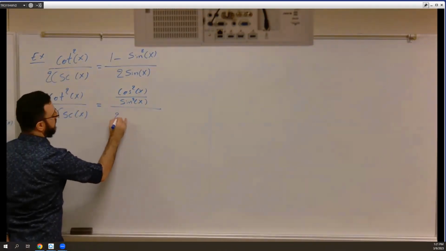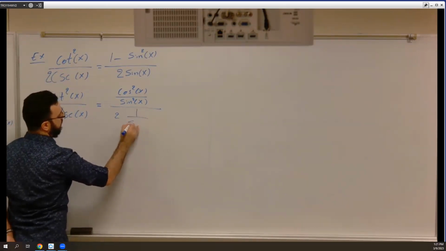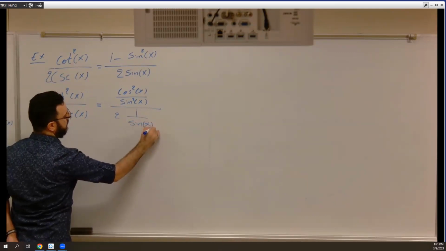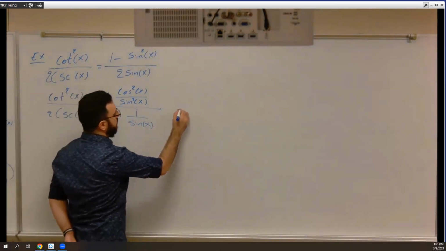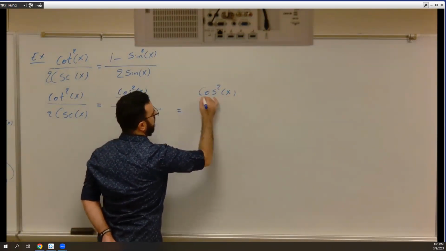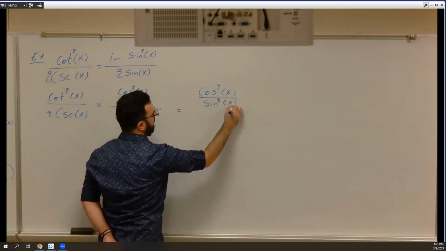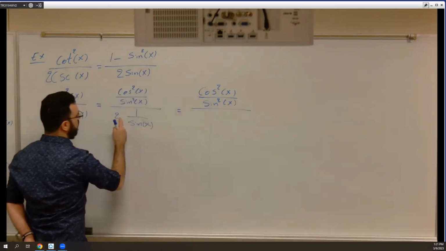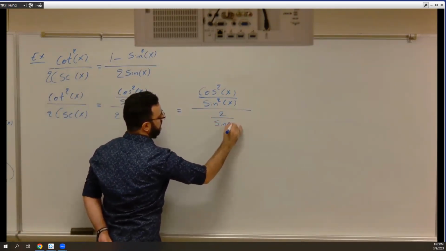Cosecant is 1 over sine x. That means this one is going to be equal, here is cosine square x over sine square x over 2 times 1 over sine x.